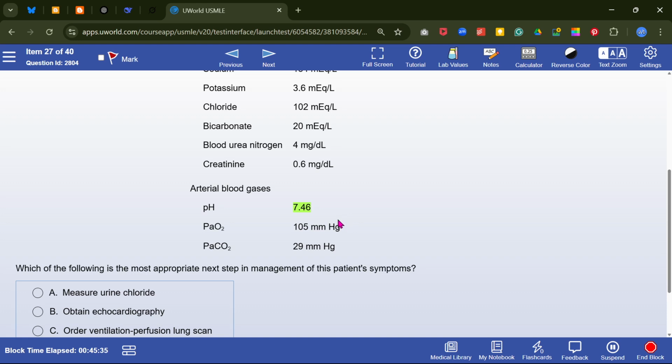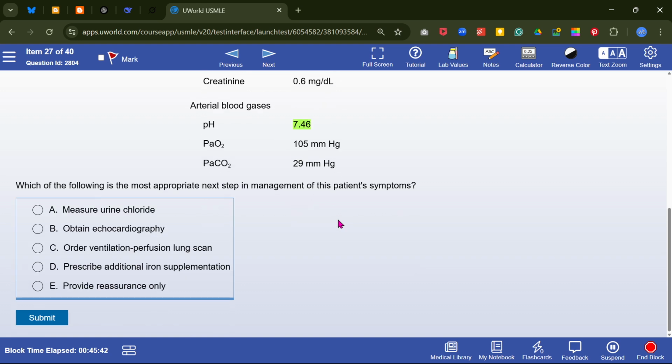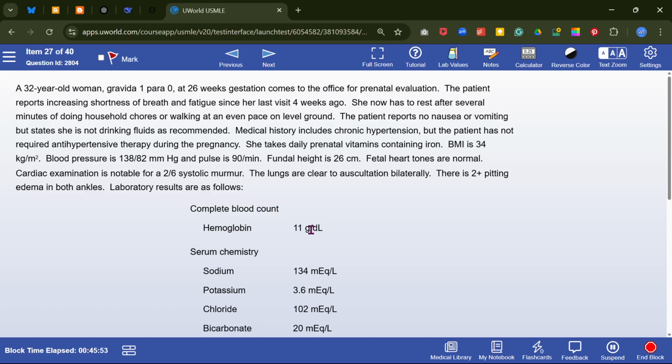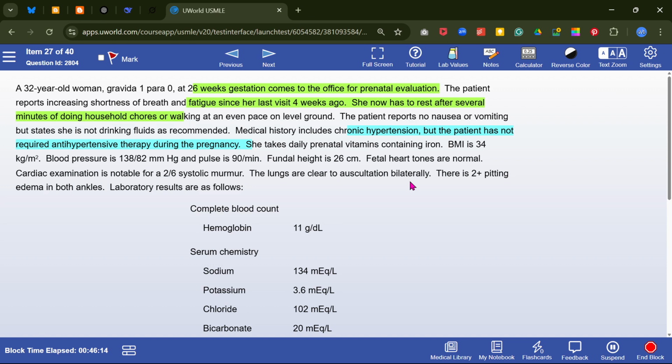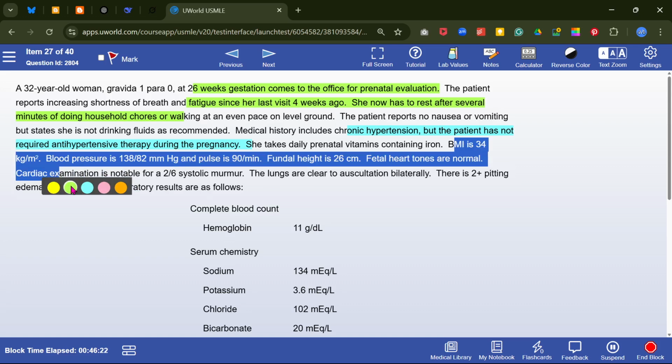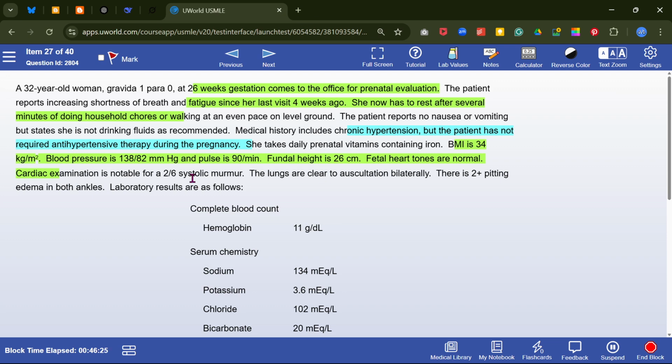Is high. Alkalosis. Low. Respiratory alkalosis. But has not required antihypertensive.